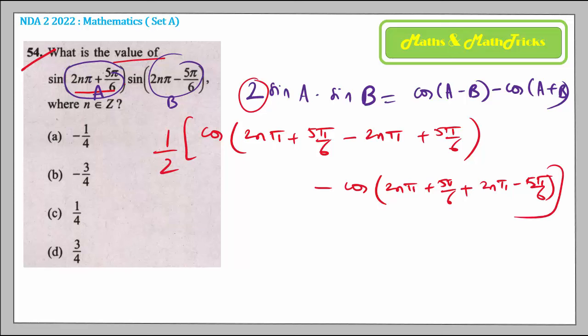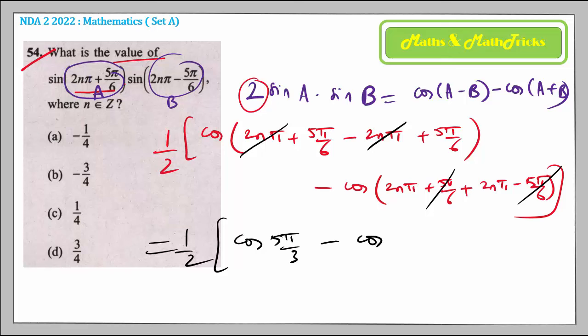So you can see the simplification there: in the first bracket 2n pi cancel, second bracket 5 pi by 6 cancel, and the resultant is half times cos of (5 pi by 6 plus 5 pi by 6), 10 pi by 6, which is 5 pi by 3, which is cos 300 degrees, minus you have cos of 4n pi.